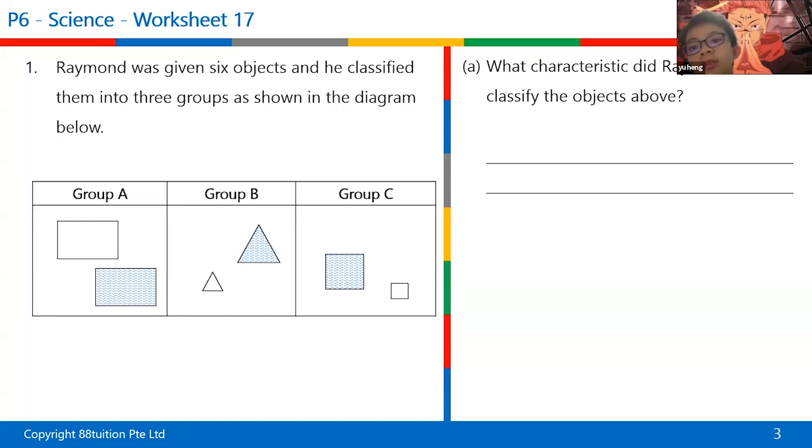Patterns. Are you sure patterns or not? Look, group A is all what? Group B is all what? Group C is all what? Super straightforward. How are they sorted out? Yes? Rectangles. So what is that? Rectangles, triangles, squares. What is that?